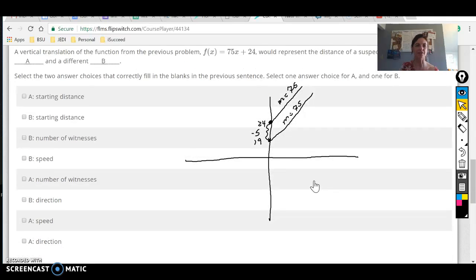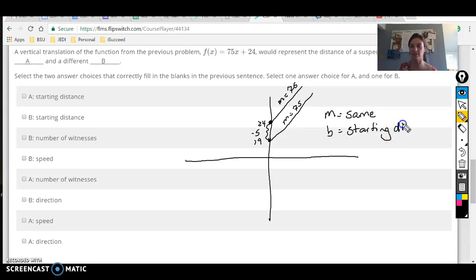So a vertical translation of the function from the previous problem, f of x equals 75x plus 24, would represent the distance of a suspect with this same blank and a different blank. So what we just did was a vertical translation. They had the same slope or speed, and they had a different b or starting point.